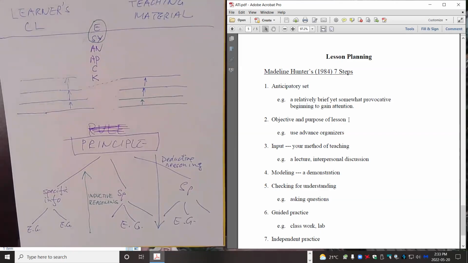Step 2, presentation of the objective and purpose of the lesson. For example, you use advance organizers. Sometimes you present what is about to be discussed.